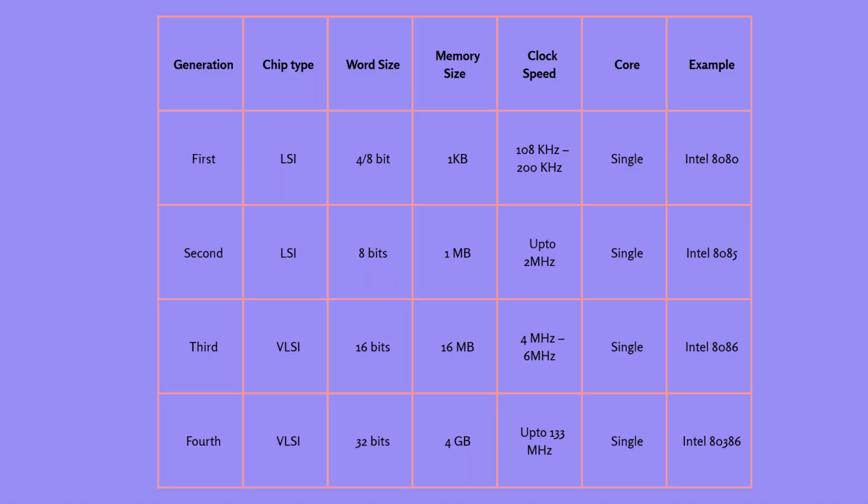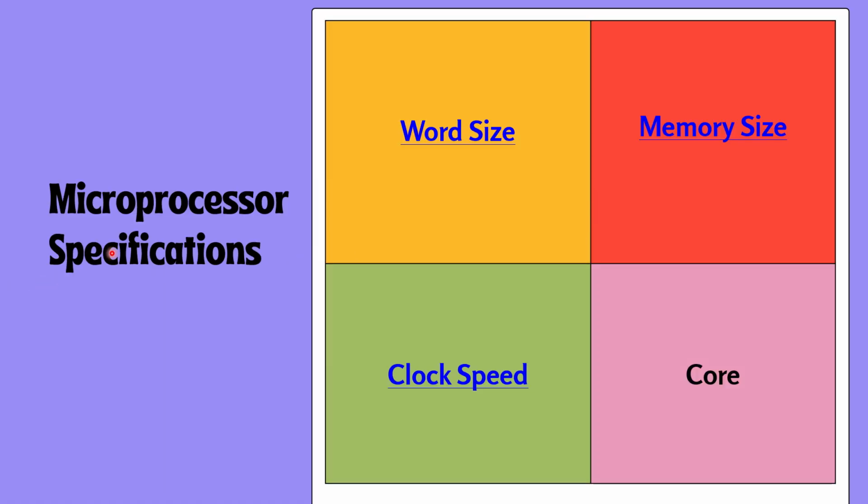And now next we shall see the microprocessor specifications. So far we discussed what a microprocessor is, the evolution of the microprocessor, and the generations of the microprocessors. So 3 topics we have discussed, and this is the next one, microprocessor specifications.